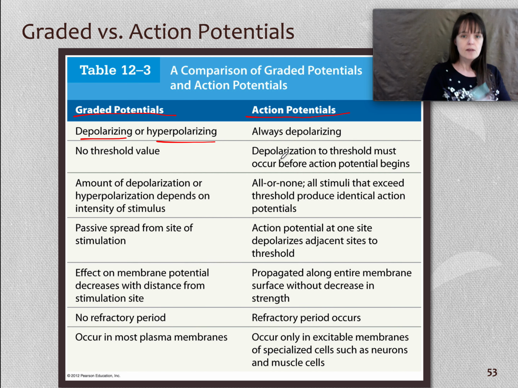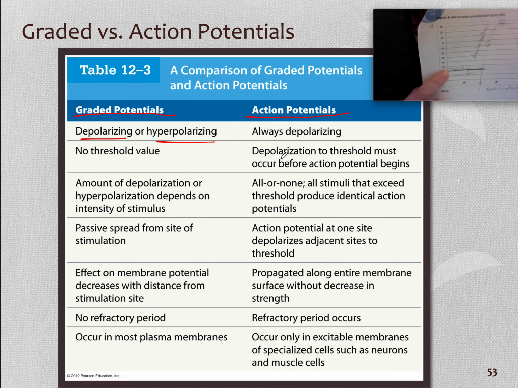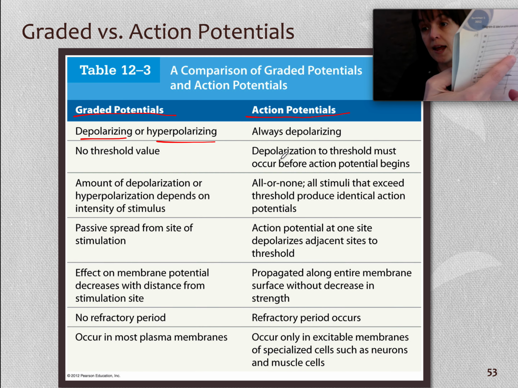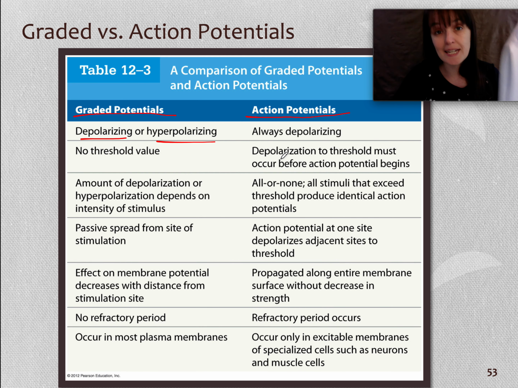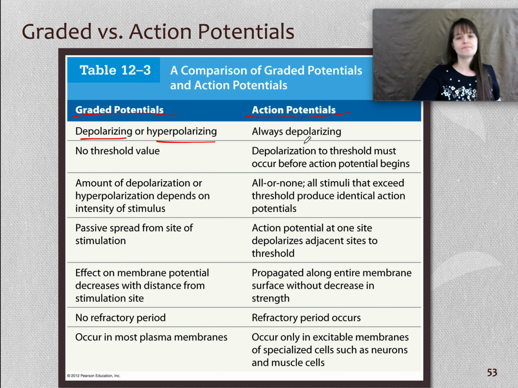Whereas action potentials, which we also drew, are only depolarizing. When you hit threshold, it starts a rapid depolarization, only depolarization. Graded potentials, no threshold. Action potentials, you have to hit threshold or nothing happens.